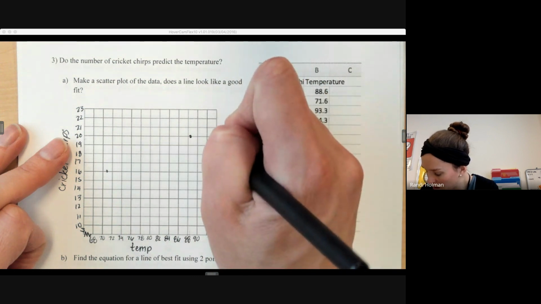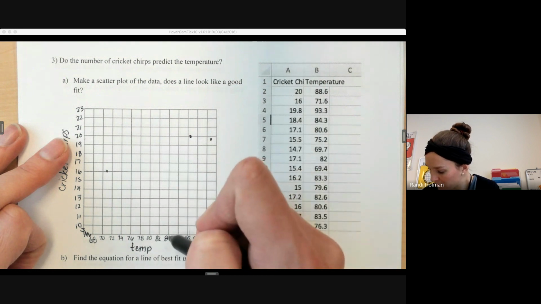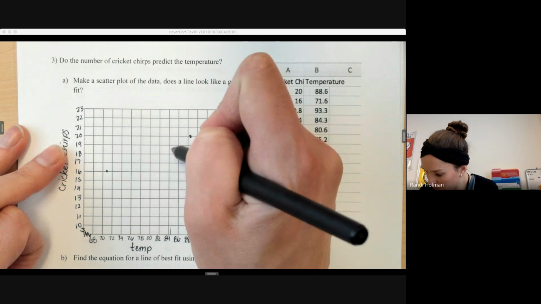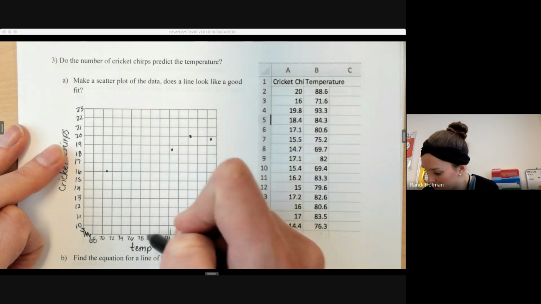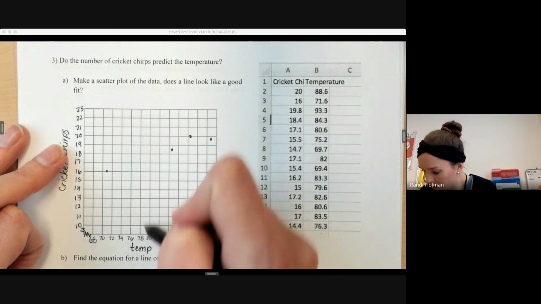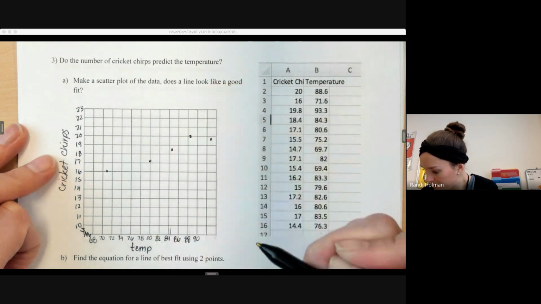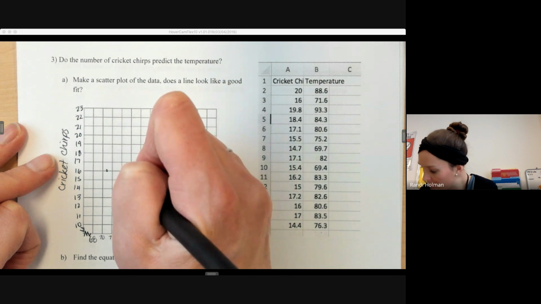93. 84.3 is 18.4. 80.6, 17.1. 75.2 is 15.5.